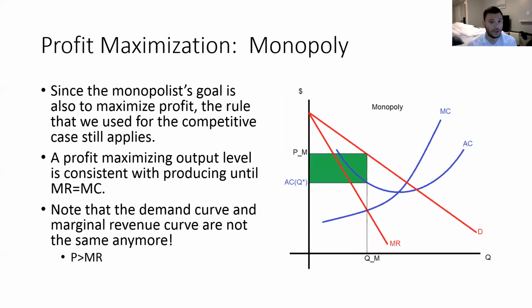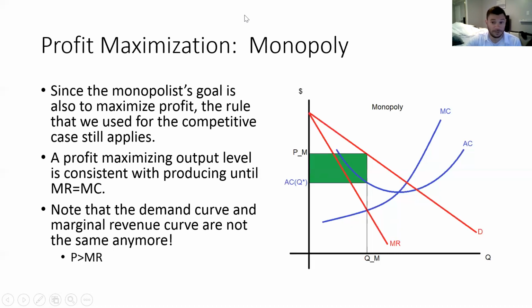Okay. So one side note about the monopoly model, we have barriers to entry as an assumption, keeping other firms from entering. So we don't actually have to worry too much about the two time horizons, short run versus long run. If the monopolist is making a profit in the short run, then it will be able to keep that profit as we transition to the long run because no firms are able to enter the market.